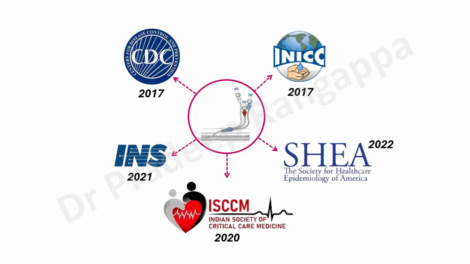So whatever guidelines we're talking about are substantiated by these global agencies, and our ICU society also endorses them. So what we believe is we need to have bundles. Why bundles? What we understand by a bundle is a set of evidence-based processes which may incorporate 3 to 5 steps. It's a very simple bundle substantiated by evidence-based medicine. We put these processes together as a package and apply it to the patient.